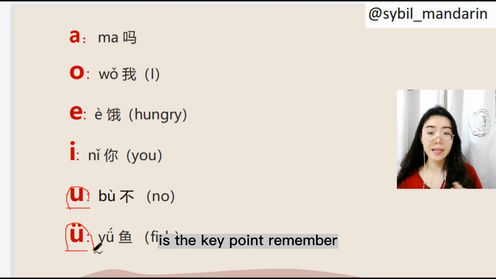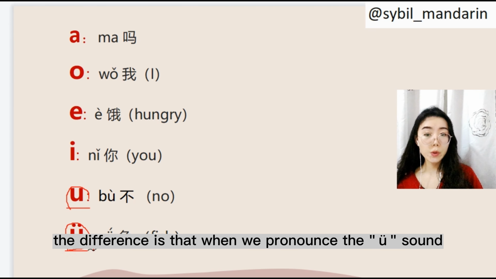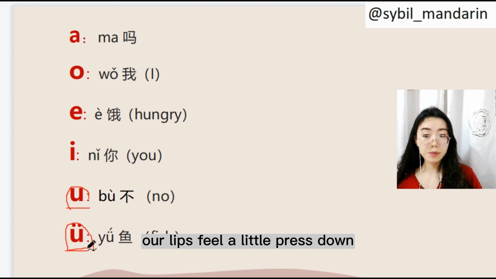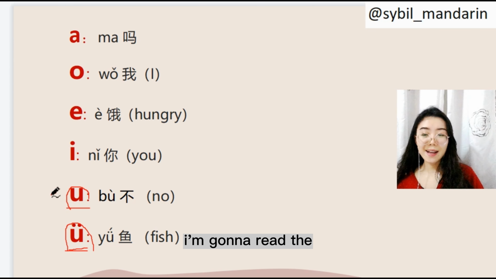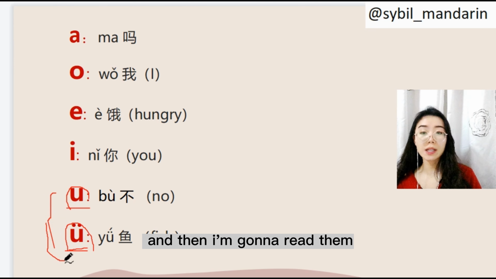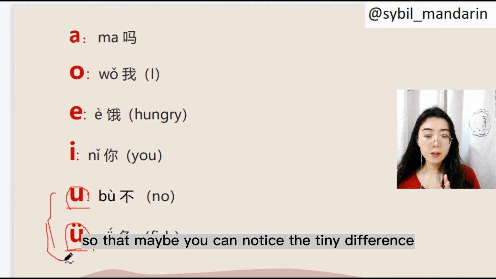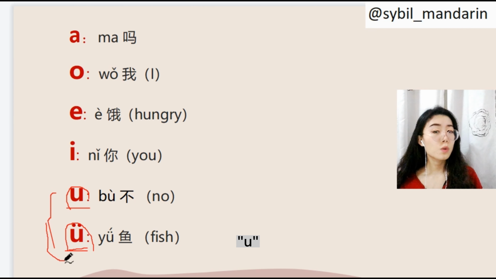Here is the key point. Remember, the difference is that when we pronounce the u sound, our lips pull forward, and when we pronounce the ü sound, our lips feel a little pressed down. What does that mean? I'm gonna read the u and ü sounds separately first, and then read them together so that maybe you can notice the tiny difference. Look at me. U, ü.